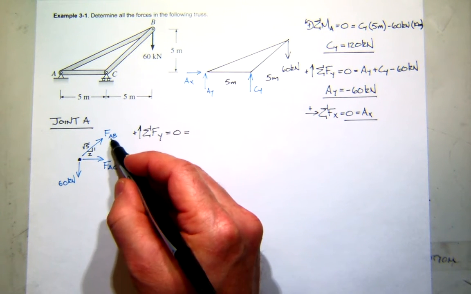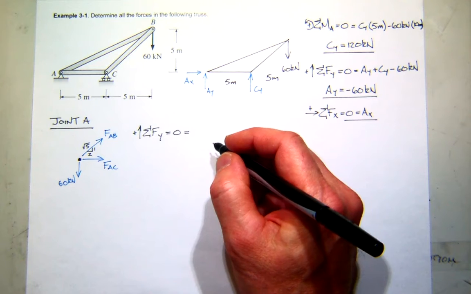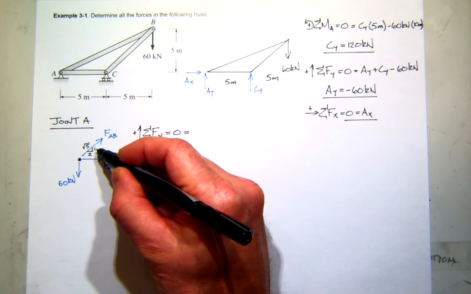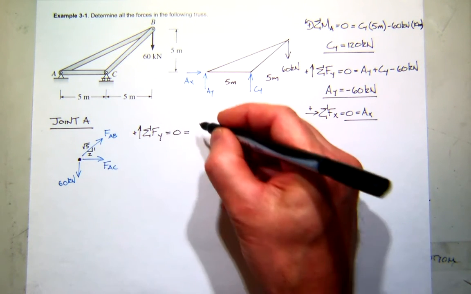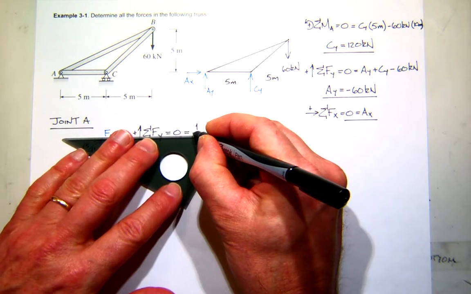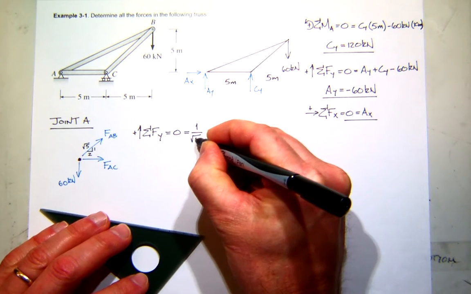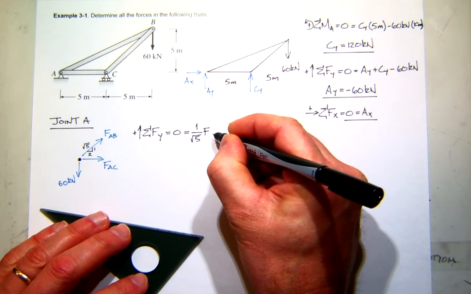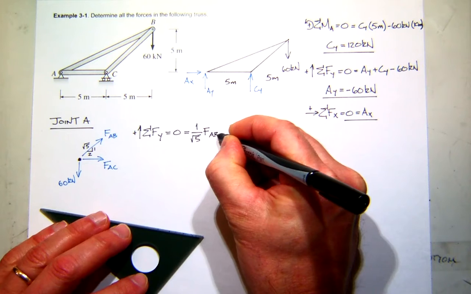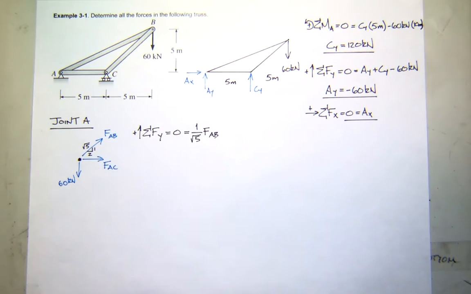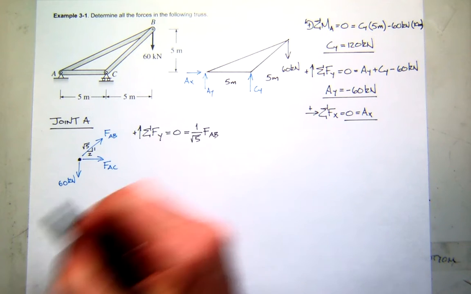So my force in AB is positive, and what would be its component? Well, it'd be the vertical part, which is 1 over the square root of 5. You guys see that? If you feel more comfortable computing the angle and then taking the sine or cosine, please do that. I like doing this better. Just me.